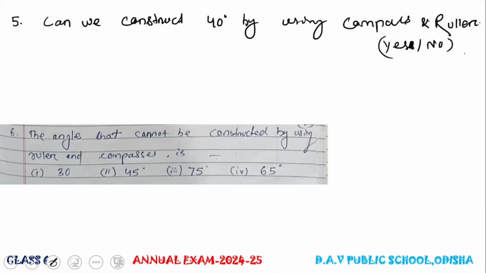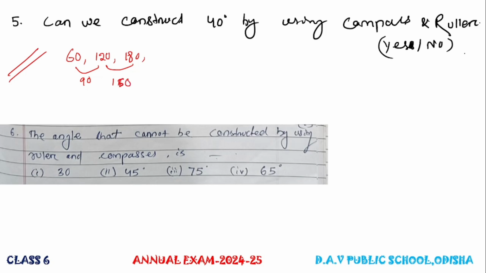Next question, can you construct 40 degrees by using compass and ruler? No. So also remember which angles you can draw. First of all, 60, 120, 180. Bisecting 60 and 120, we get 90, and bisecting 120 and 180, we get 150.